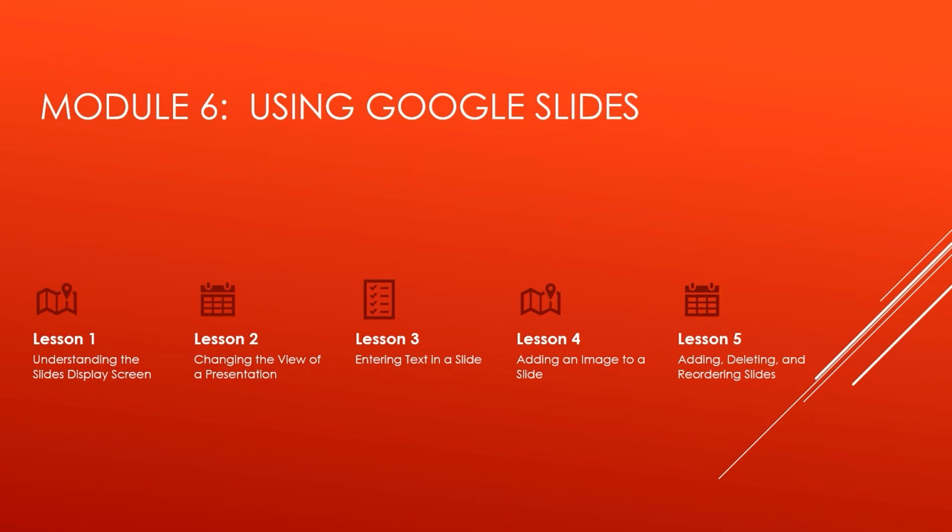In Module 6, we'll explore Google Slides over 9 lessons. We'll start as usual by understanding its display screen, learning how to change the view of a presentation. We'll enter text in a slide, add an image to a slide, and then you'll learn how to add, delete, and reorder slides.